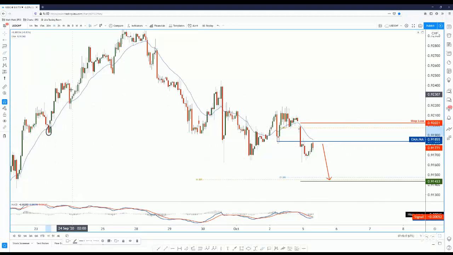It touches and it bounces, touches and bounces. Likewise, in a downtrend, it touches, it reacts, touches, it reacts. So with probability on our side, we can expect price to touch the moving average and react lower.